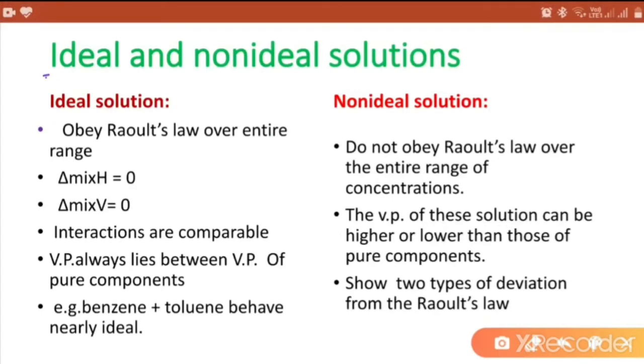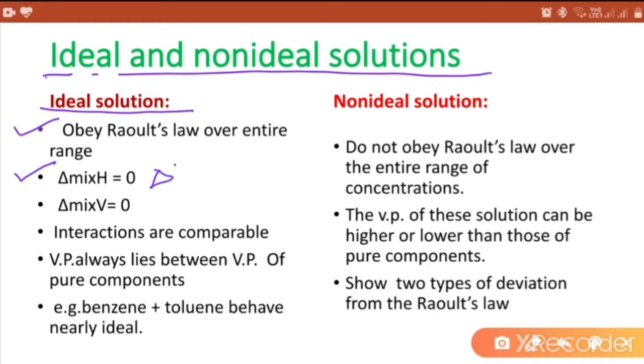Ideal and non-ideal solutions. Ideal solution. An ideal solution is the solution which obeys Raoult's law over the entire range of concentration, and the enthalpy change of mixing is zero, meaning no heat is evolved or absorbed, so there is no exothermic or endothermic reaction when components form an ideal mixture or ideal solution.